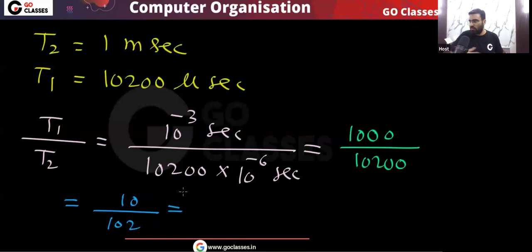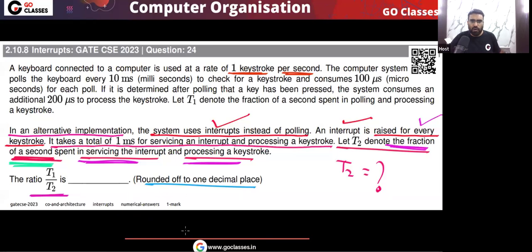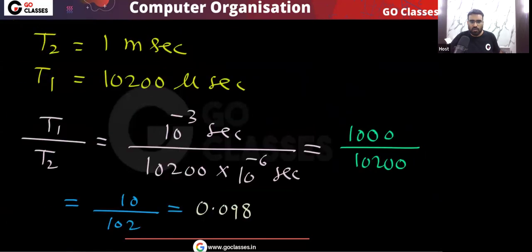Take a calculator and tell me quickly. Let me calculate. So this value will be 0.098, something like this. The question is saying rounded off to one decimal place. So what will the answer be?